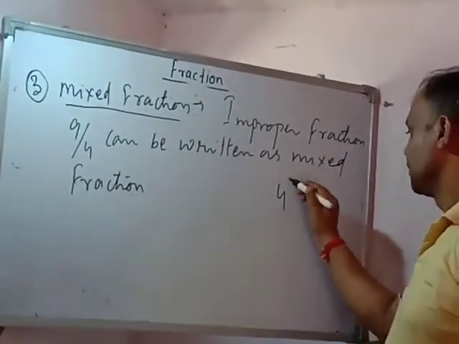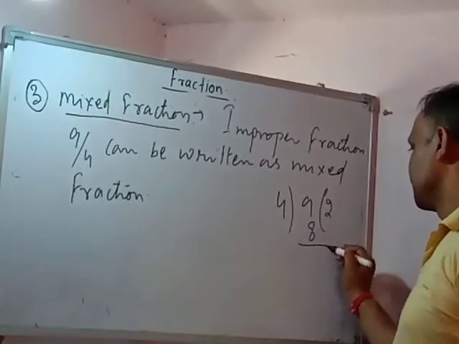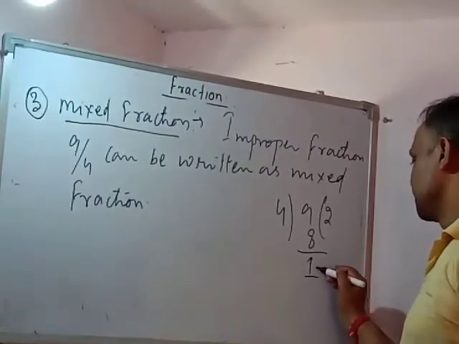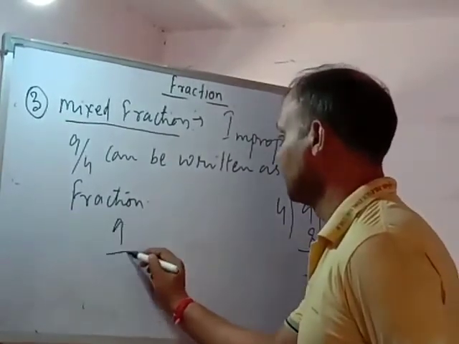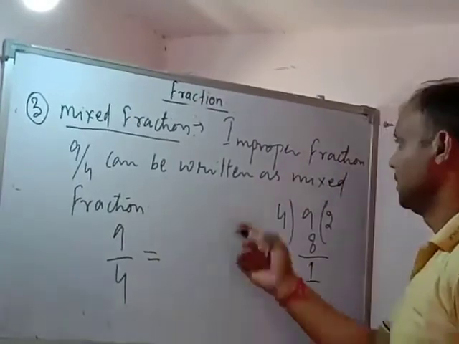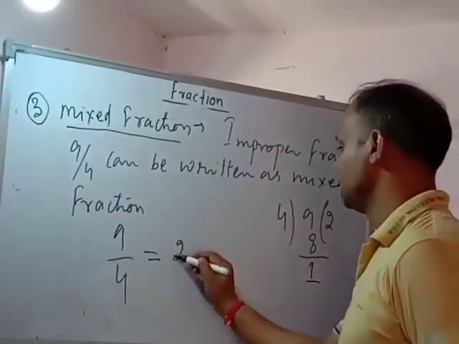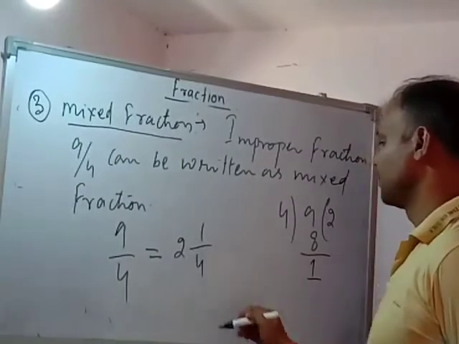See, 9 is divided by 4: 4 twos are 8, and 1 is the remainder. So 9 by 4, this improper fraction, can be written as the mixed fraction 2 1 by 4.